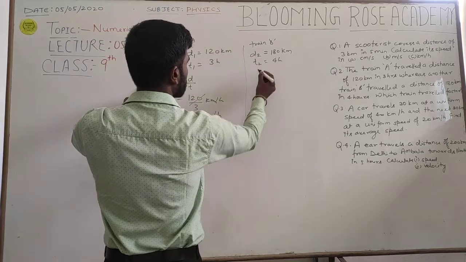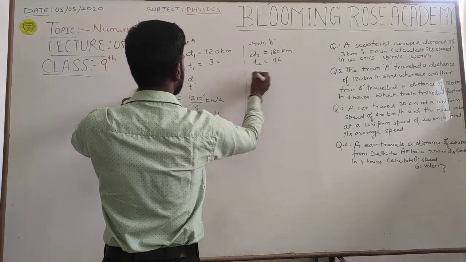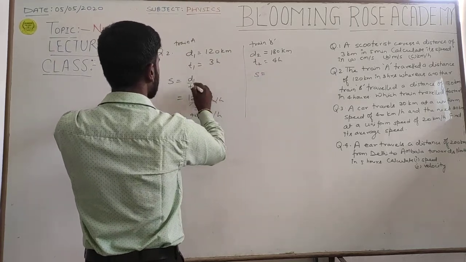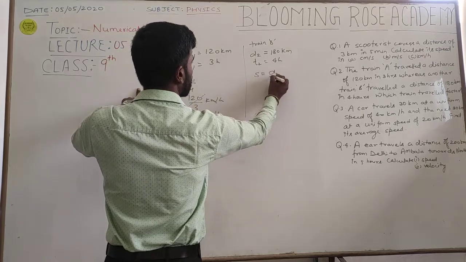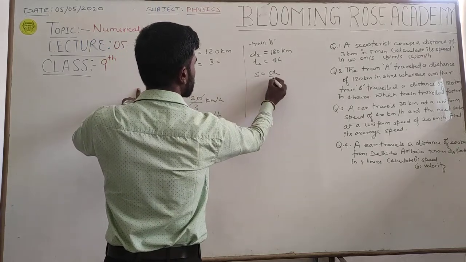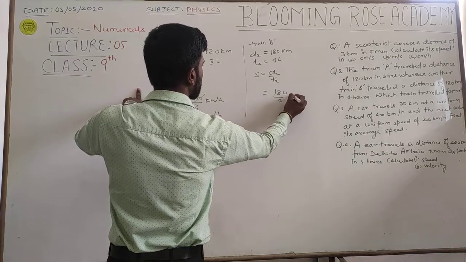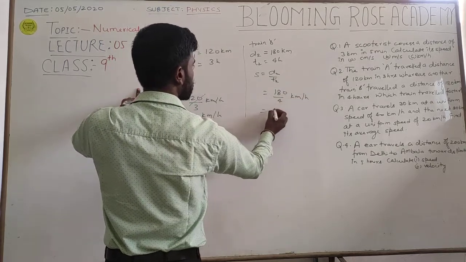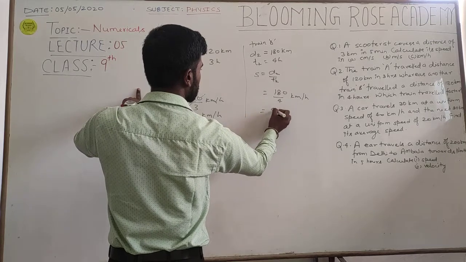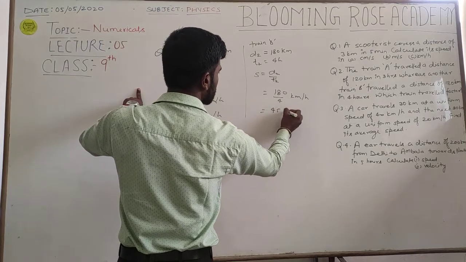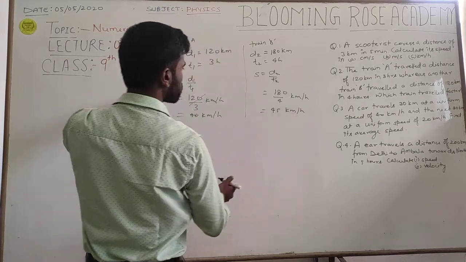For train B, speed is equal to d2 upon t2, and it is equal to 180 upon 4 kilometer per hour. When we divide it, it will become 45 kilometer per hour.